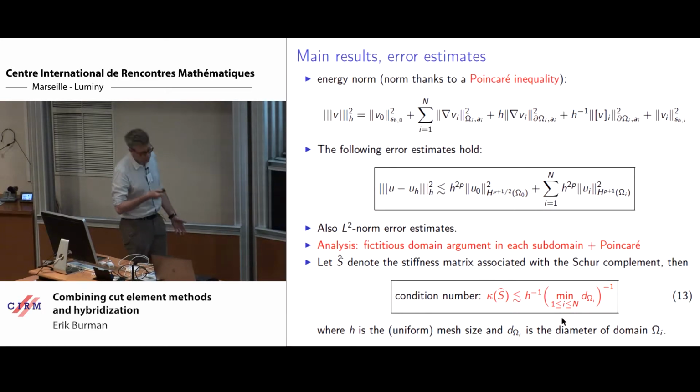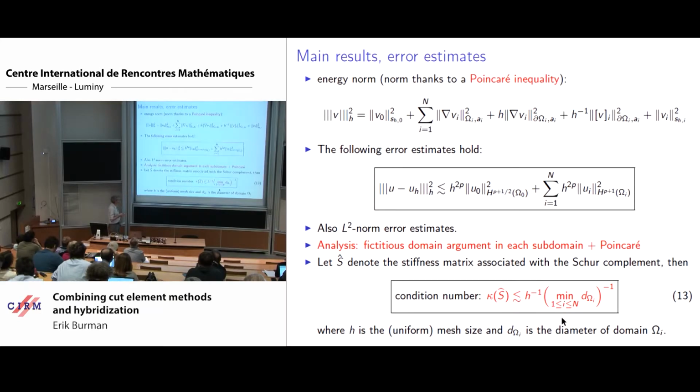And then we can do static condensation. So if you do static condensation, then you will want to iterate on the Schur complement. And instead of analyzing the condition number for each subdomain, since it's a fictitious domain method, that will be similar as before. But here instead we thought we'd check what is the condition number of the Schur complement.